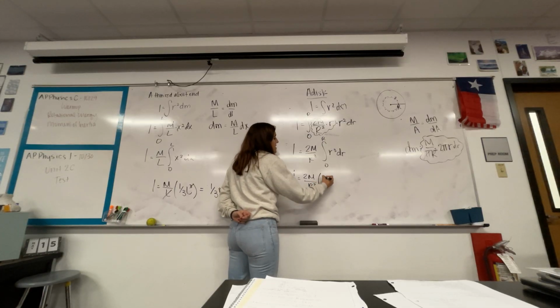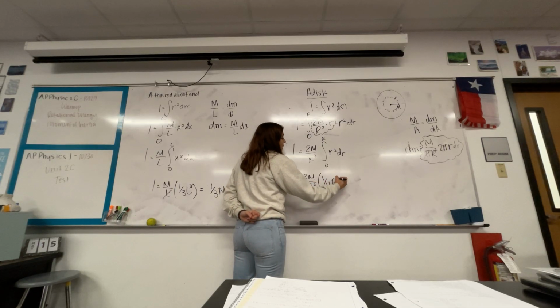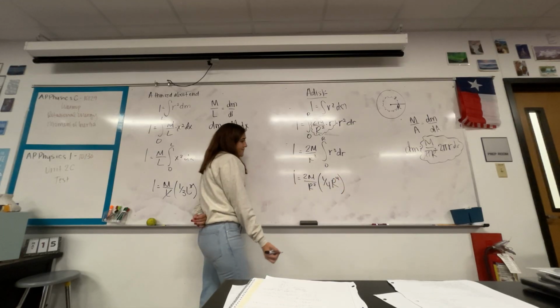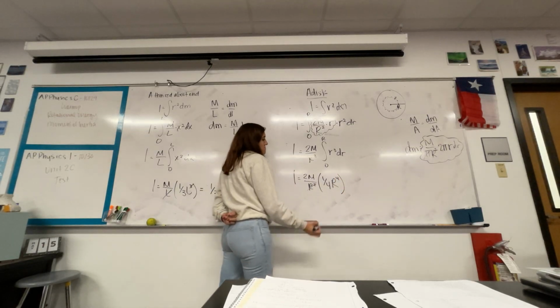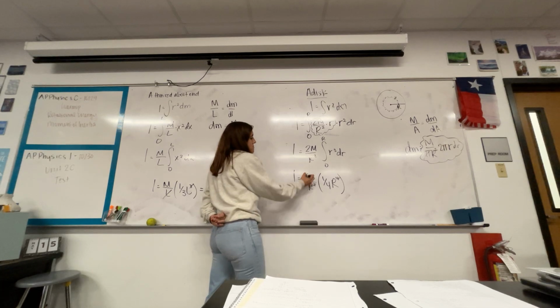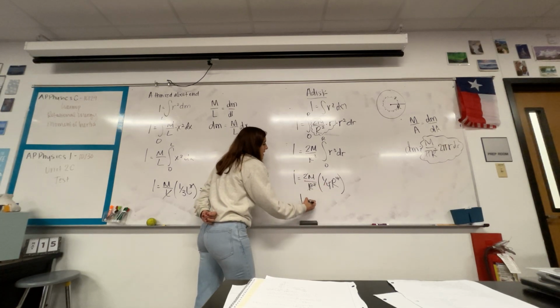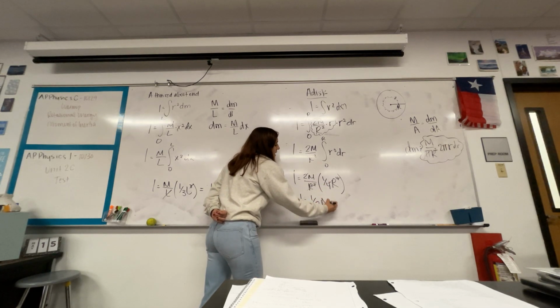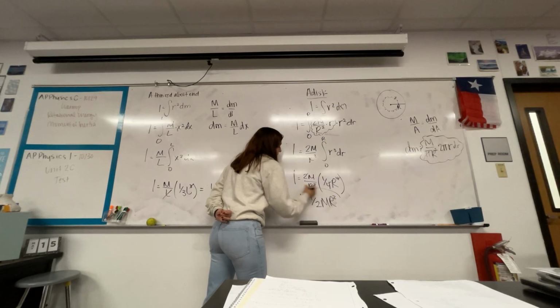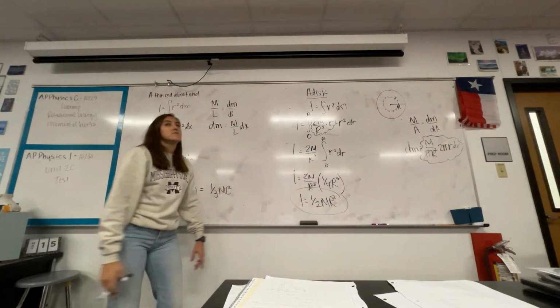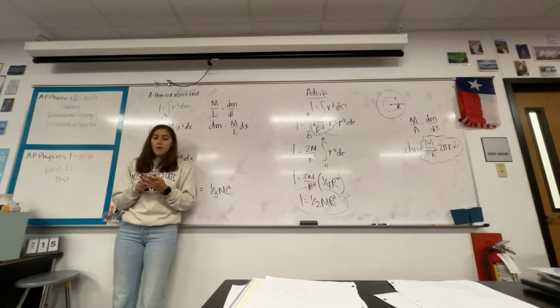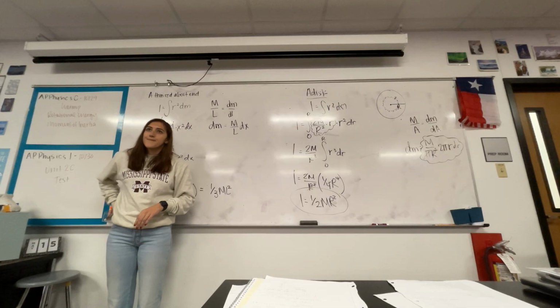If I go ahead and put the limits in, that's 1/4 big R to the 4th. So, some canceling out here, I'm left with 1/2 mR squared, which is the moment of inertia for a disk.